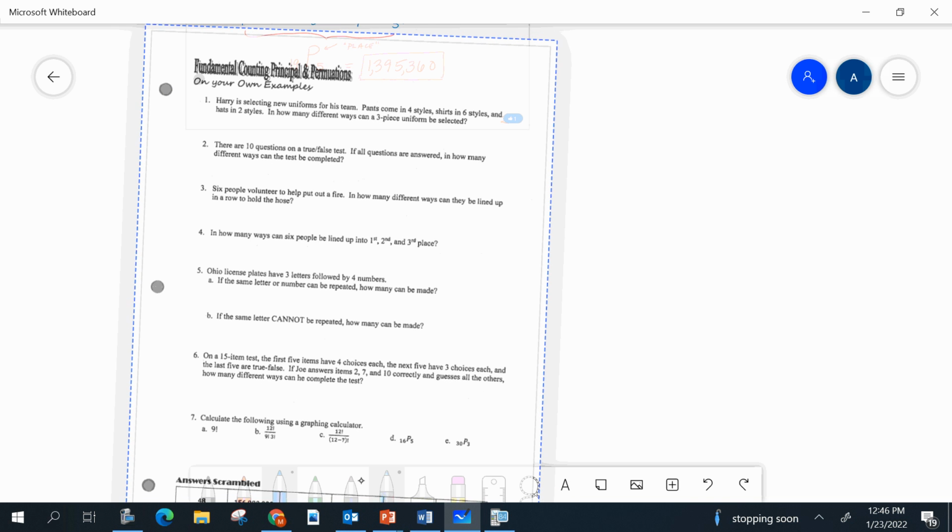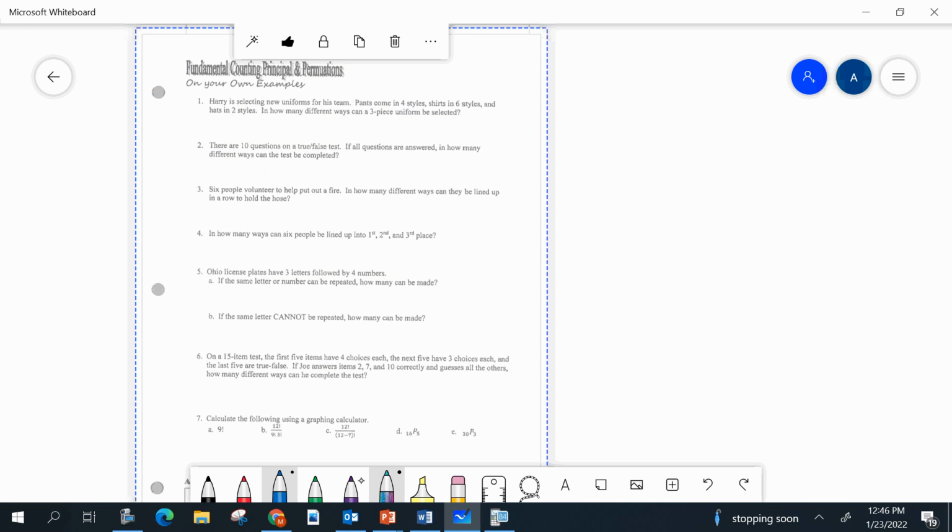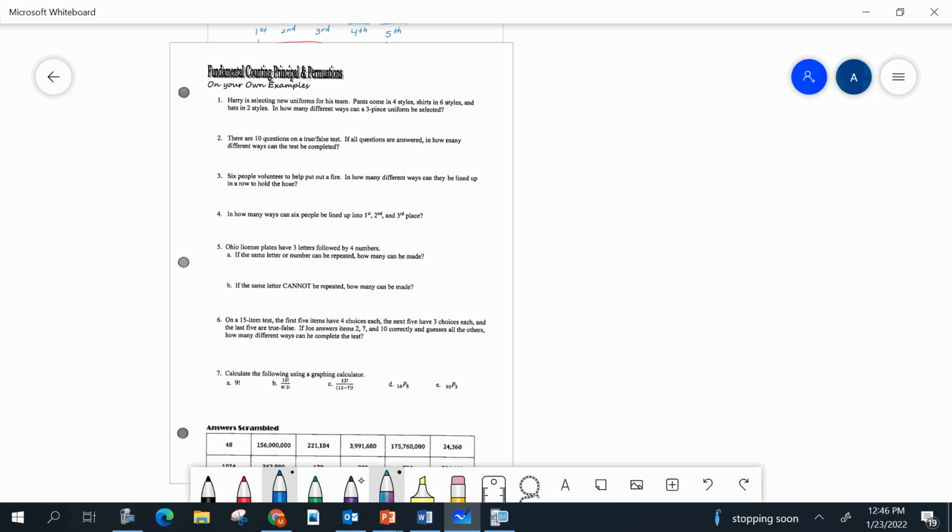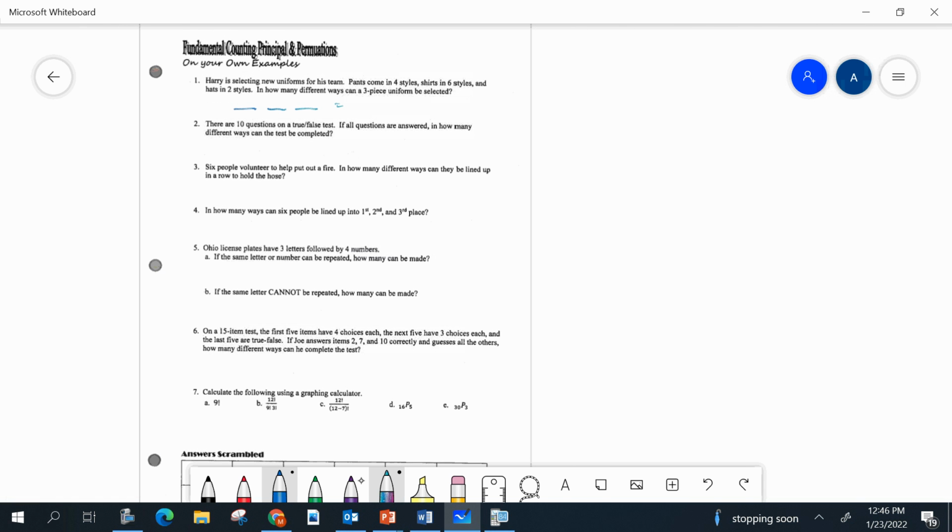And we can even kind of talk about number 1, but I want to see the work for it. I want to see you write out the blanks and put the numbers that you're multiplying by and then put the answer, check it at the bottom, and you can shade it out. And obviously you can come back with questions, but at least this gets you started on catching up on what you missed. Okay? So let's talk about number 1.